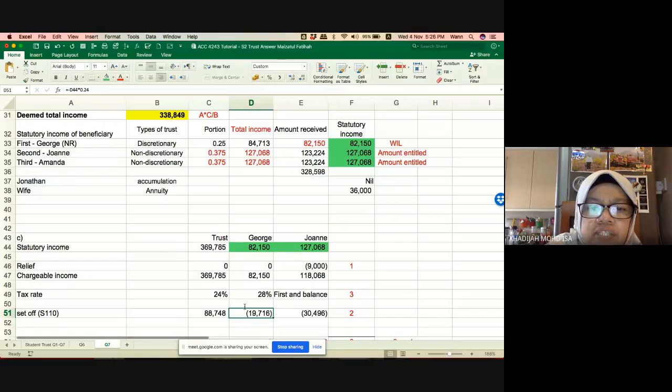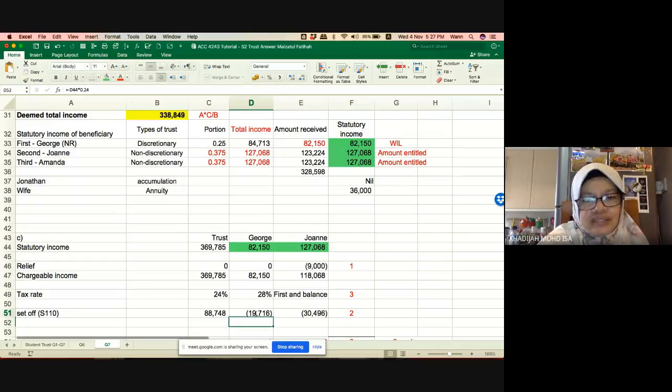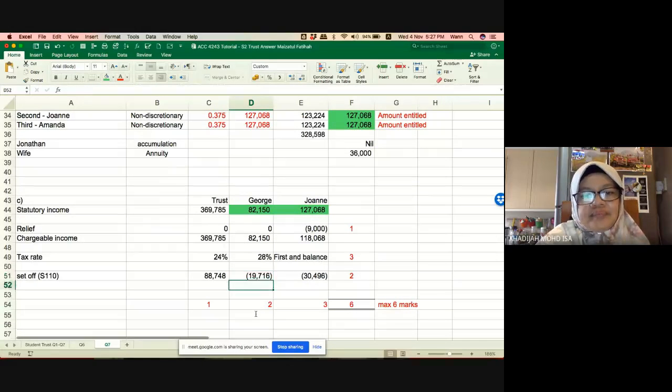Remember Josh, this is a discretionary trust. The entitlement is 84,713, but the statutory income is 82,150. So the section 110 set off should be whatever statutory income times the tax paid by the trust at 24%, which is the tax rate for the trust. So it should be 19,716 given as a tax credit.